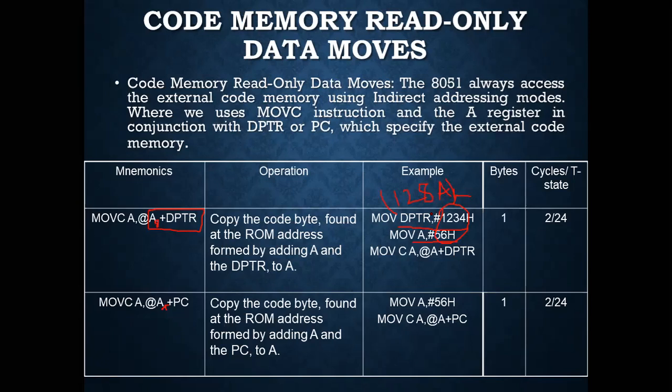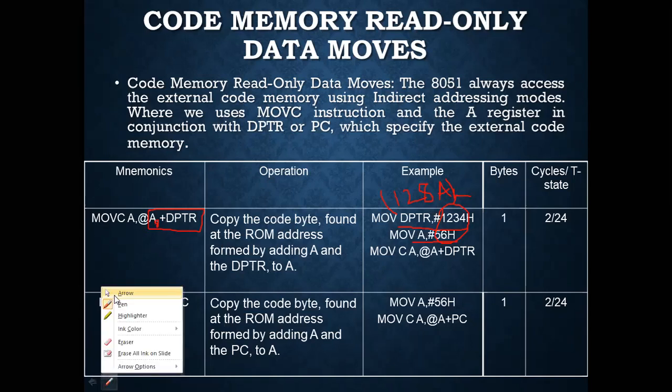Similarly, in the second case, whatever the value of the program counter will be added up with the accumulator, and the content of that added-up address will be moved into the A register. Clear? Okay, so we are just going forward, just a minute.